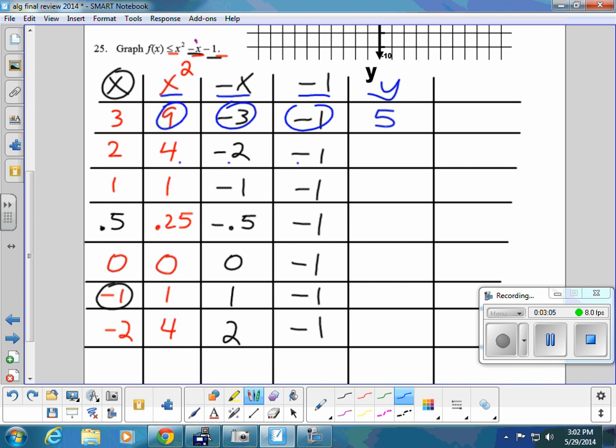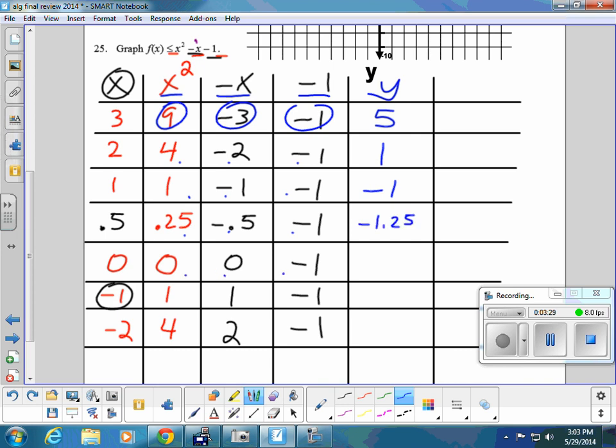So if I combine these 3 here, I'm going to get 1, looks like. This one's going to be -1. This one here is going to be -1.25.